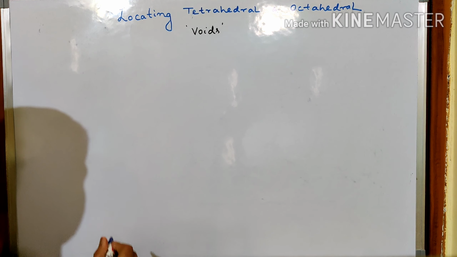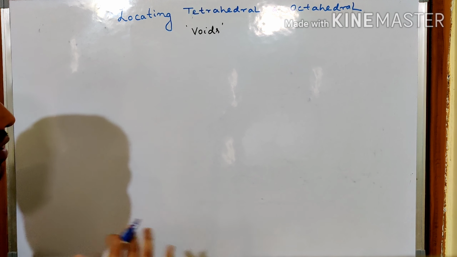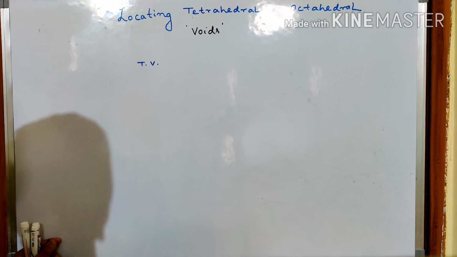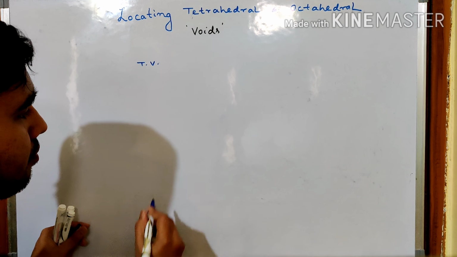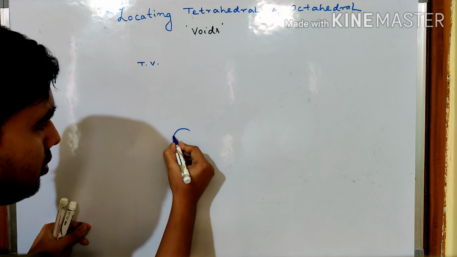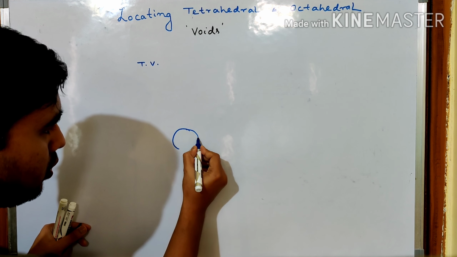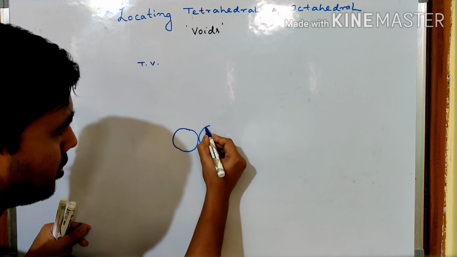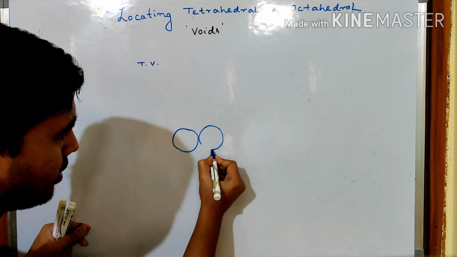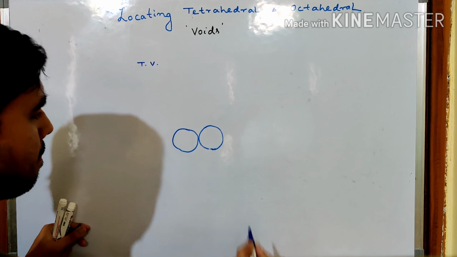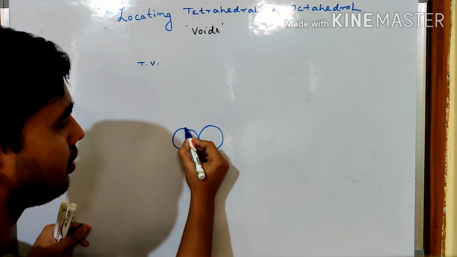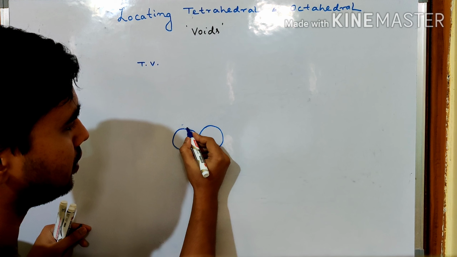So for that, let us talk about tetrahedral voids, TV I have written. I have chosen two atoms side by side like this. So there are 3 atoms in one layer like this. Suppose this one.